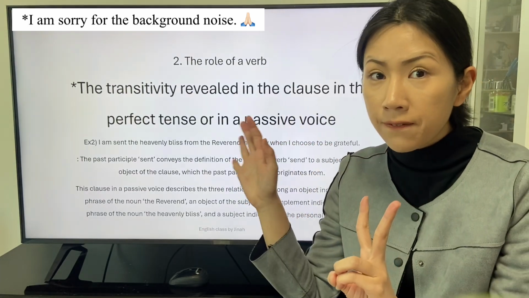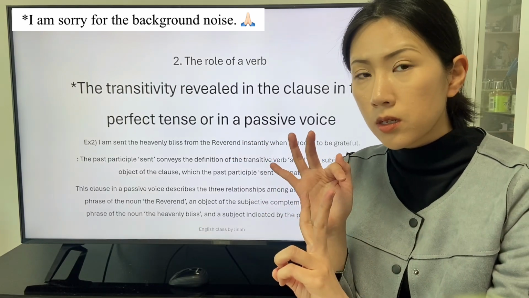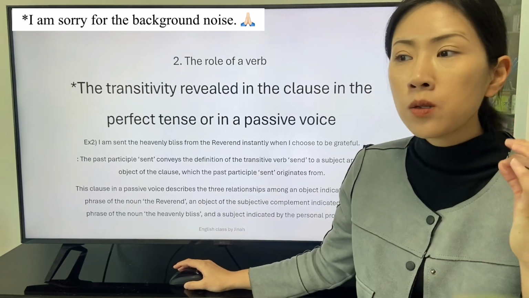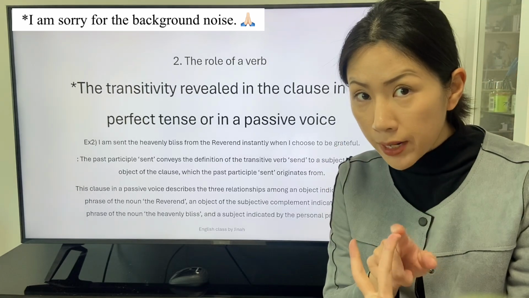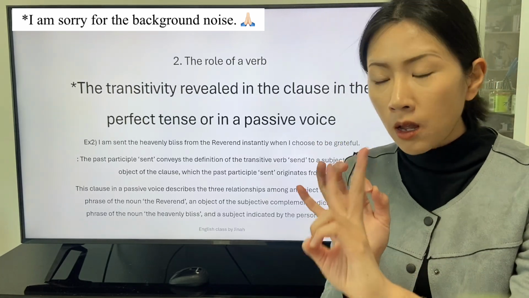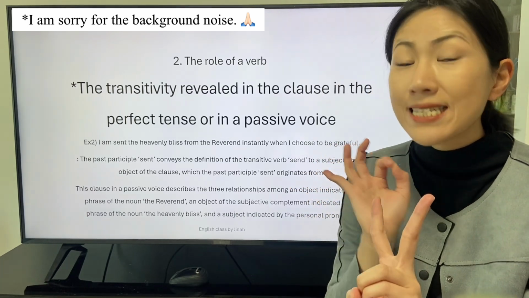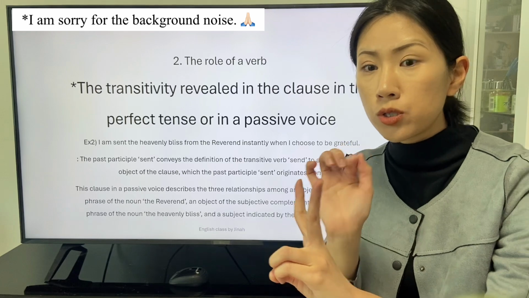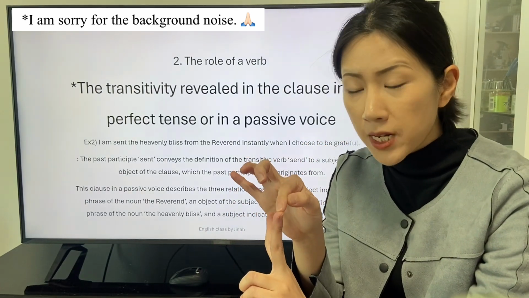In the clause of active voice, the description is like this. But with the description from the point of view in the indirect object, the definition of the verb send is conveyed also to the indirect object.